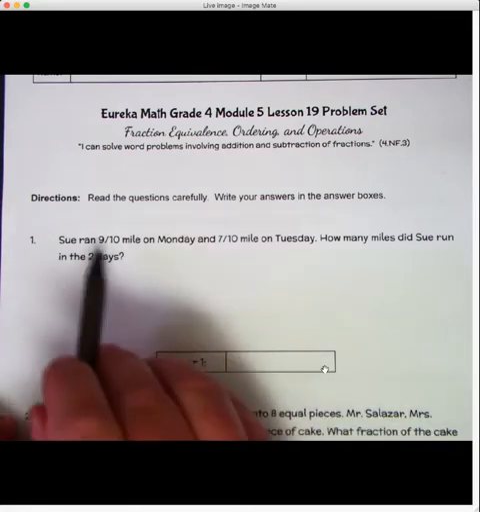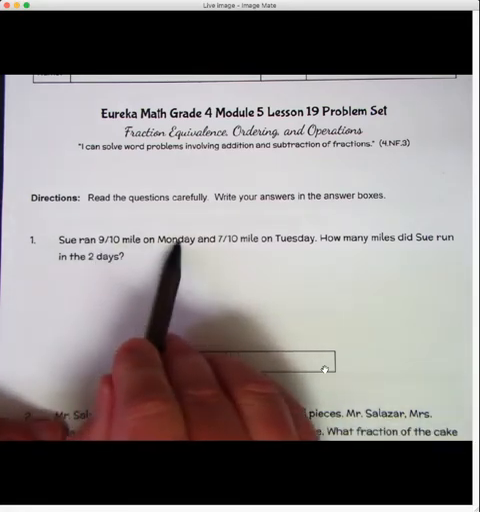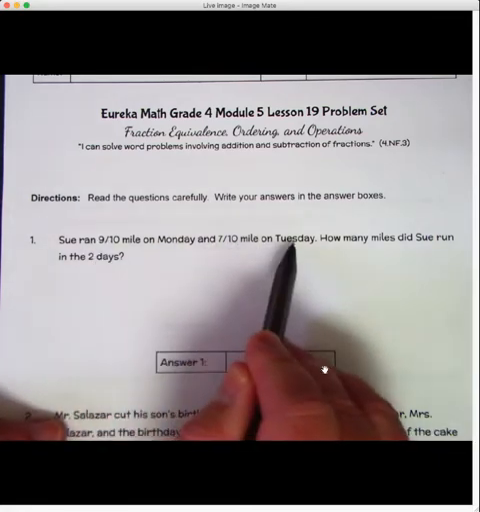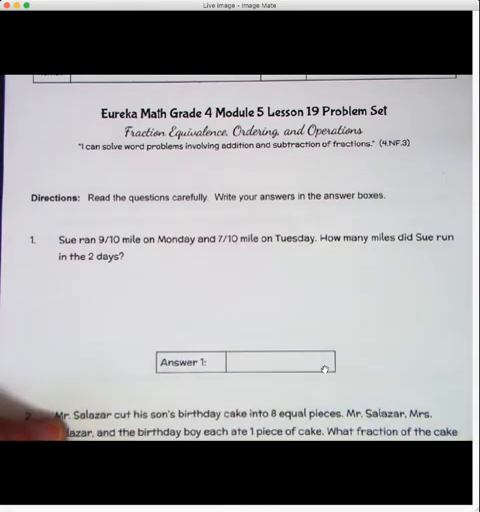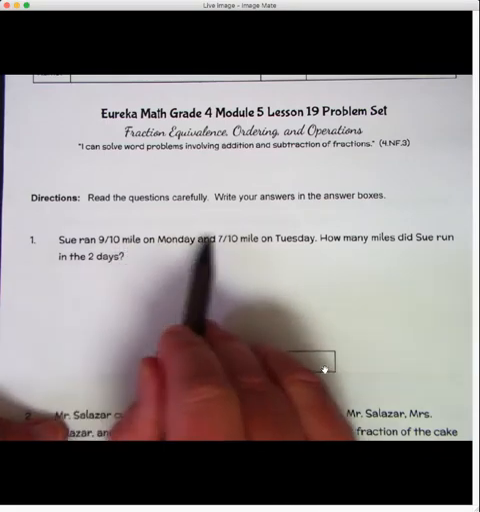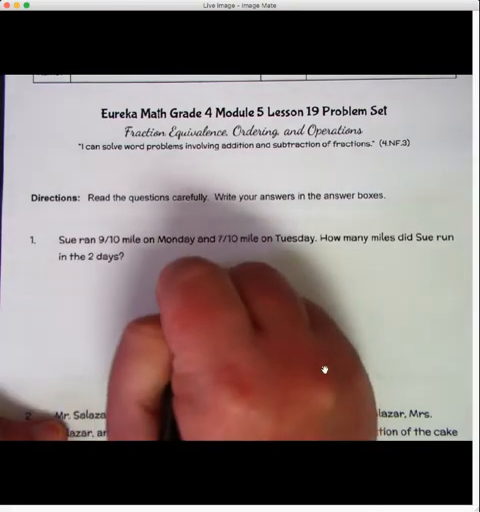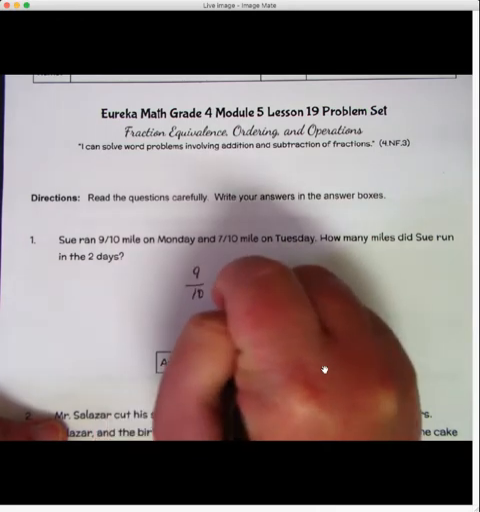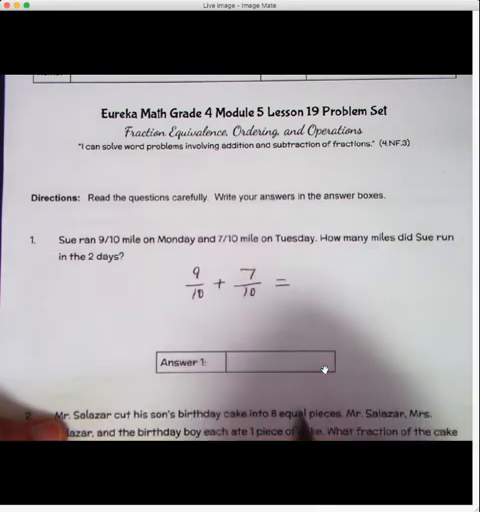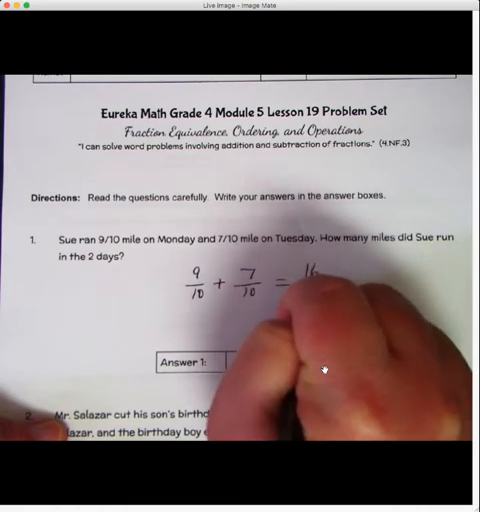Susie ran 9/10 of a mile on Monday, 7/10 of a mile on Tuesday. How many miles did Sue run in the 2 days? Okay, this much plus this much would tell us how much she ran in 2 days. So we just do 9/10 plus 7/10. 9 plus 7 is 16/10.